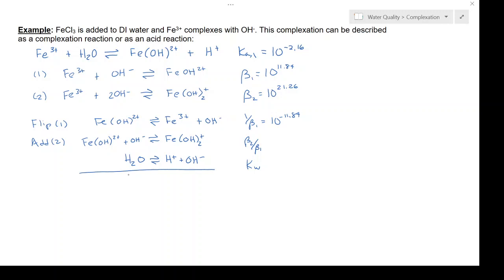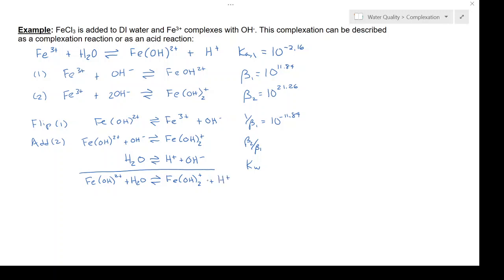When I do that, I get FeOH 2+ plus water, the hydroxides cancel out, and then Fe(OH)2+ on the bottom, plus hydrogen ion being released.